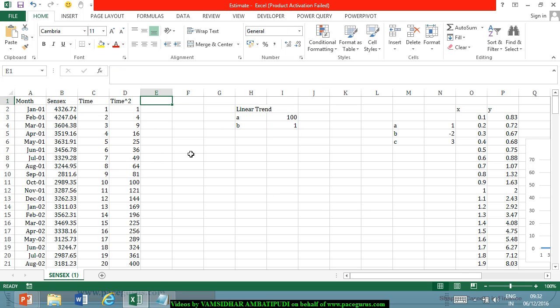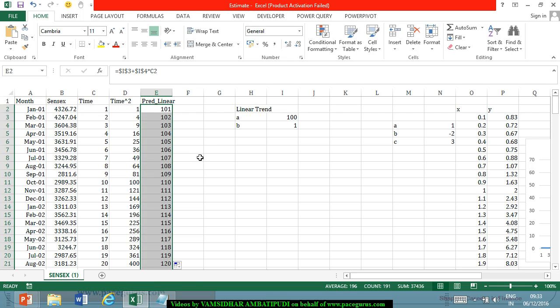Based on this, I am creating a column called predicted linear, which is a plus bx, so a plus b times x, which is the time. This is the predicted value going with this kind of model.